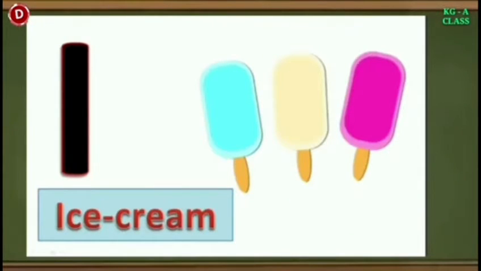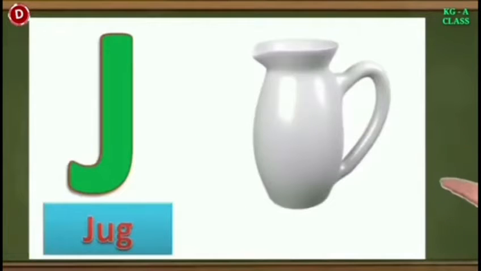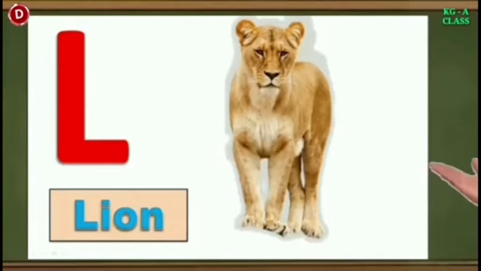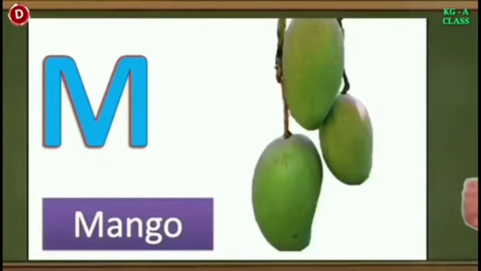We all love to eat ice cream in summers. Now comes J. J for jug. Children, after J, this is K. K for kite. Next letter is L. This is L. L for lion. Now comes M. M for mango.